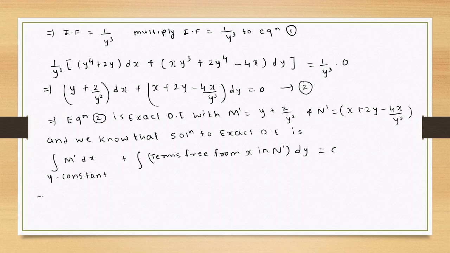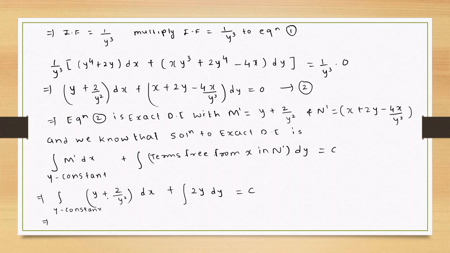Correct? So, integration with y constant. So, what is M dash here? y plus 2 by y square dx, plus terms free from x in N. So the first term contains x, so we cannot consider this, and the third term contains x, we cannot consider it. Just 2y does not contain x, so we can consider it. 2y dy is equal to some constant c.